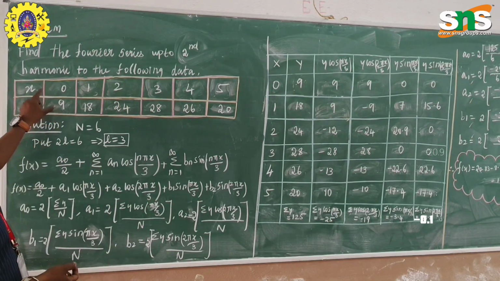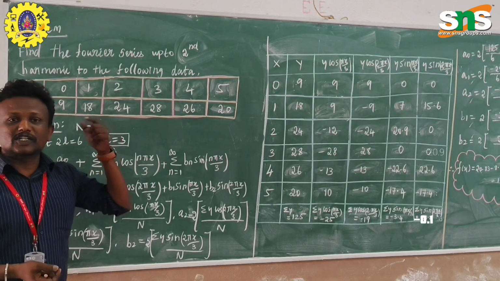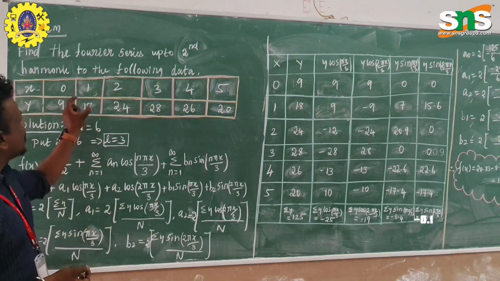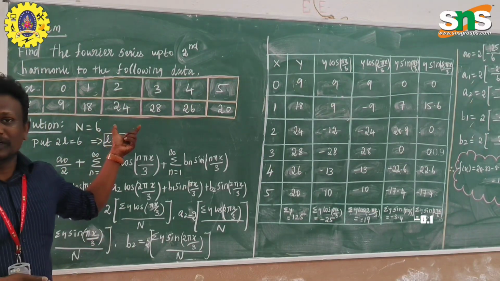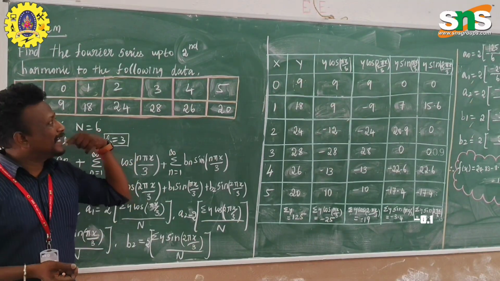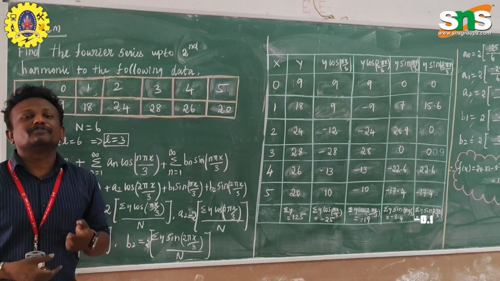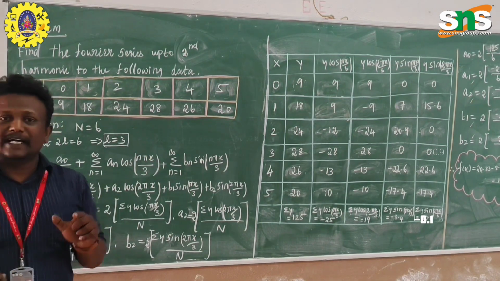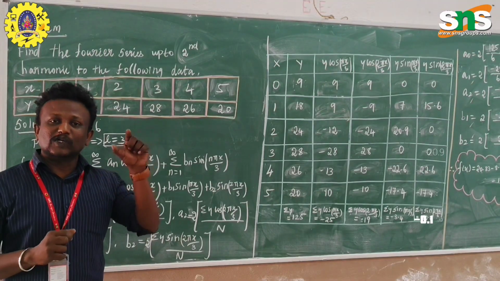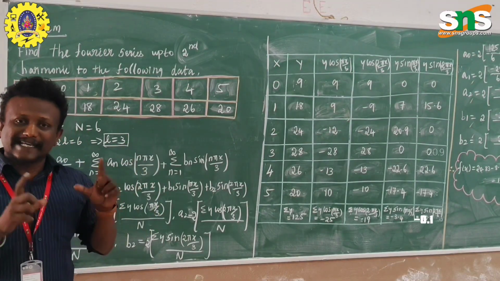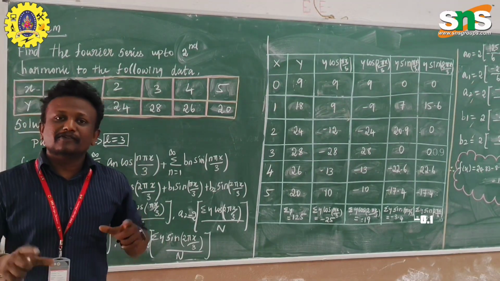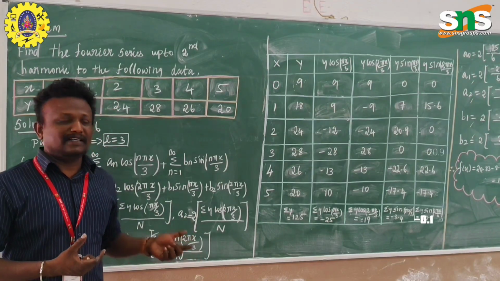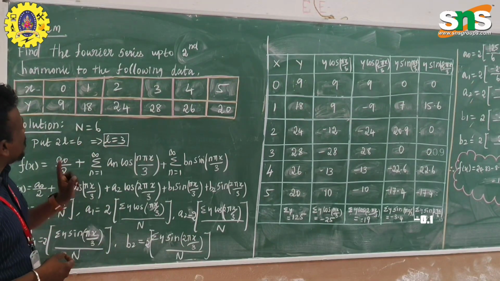So here we are given the data, and our task is to expand this numerical data in terms of a Fourier series expansion. It is very easy, as we have seen the concept of how to solve this problem. The same thing we are going to see in this problem too. Let us dive into solving this problem.